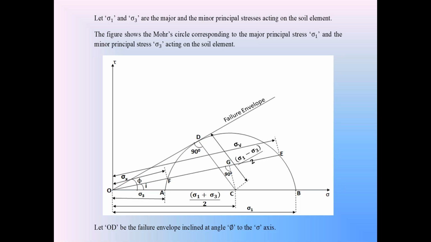Then draw another straight line passing through the pole O making an angle i with the x-axis, because in that element, the top and bottom of the element make the angle i with the horizontal. Let this straight line touch the Mohr stress circle at point F and point E. Then OF is equal to sigma X acting on the element, and OE is equal to sigma V acting on the element.